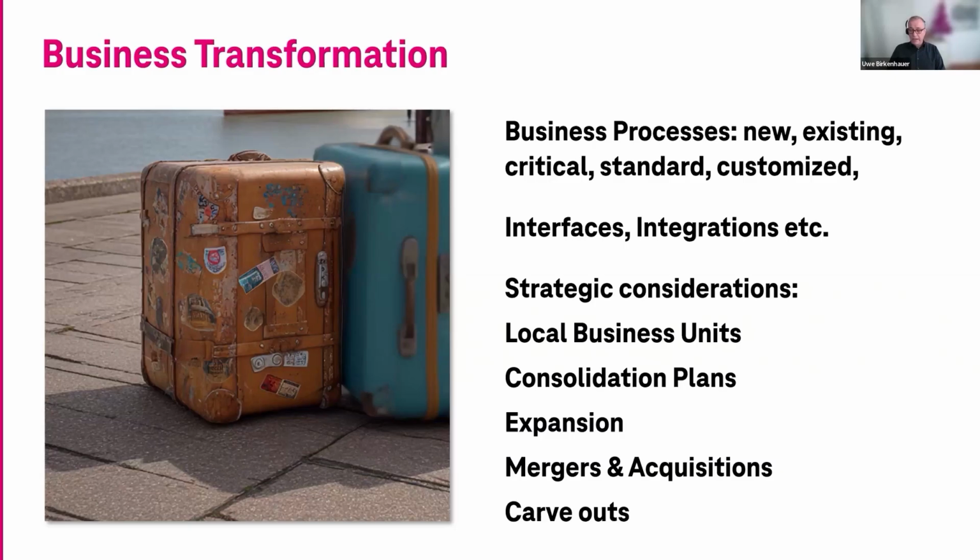And this is not all. There's a lot more you need to consider. For example, if you have integrations with third-party software, or interfaces with production systems, design systems, your workshop organization system. There's a lot more that needs to be considered, and you also need to take into account some strategic considerations. You might have local business units that are also affected by the change.